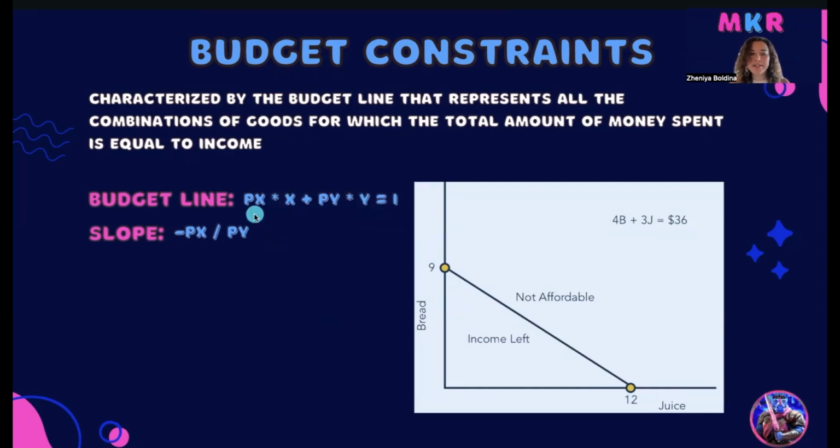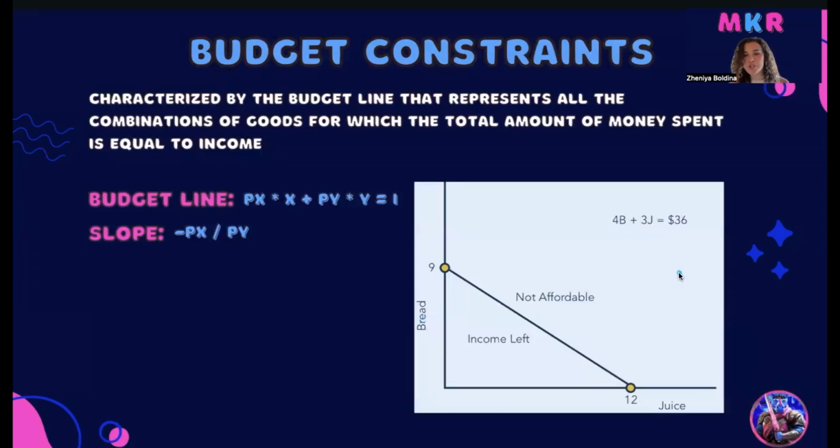PX and PY are the prices of these two goods. PX is the price for good X, and good X is juice, times X, the quantity of juice, plus PY, the price of good Y, bread, times Y, the quantity of bread, equals income. So this is the function we have.